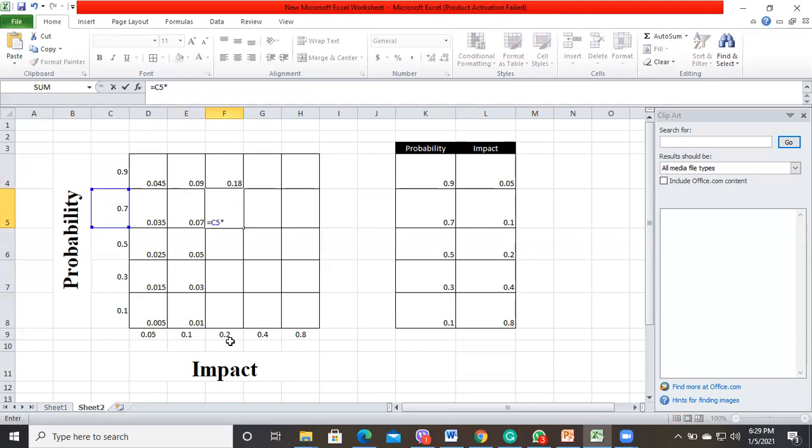Probability into impact. Here 0.5 into 0.2. Here 0.3 into 0.2. Here 0.1 into 0.2. That's all. Now you can complete this.